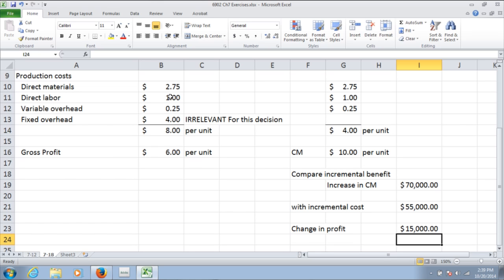So the financial impact of hiring this extra worker, conditional upon the worker being able to help us break the logjam and increase throughput by 7,000 extra units with a contribution margin of $10 a piece, is going to end up increasing our profit by $15,000.